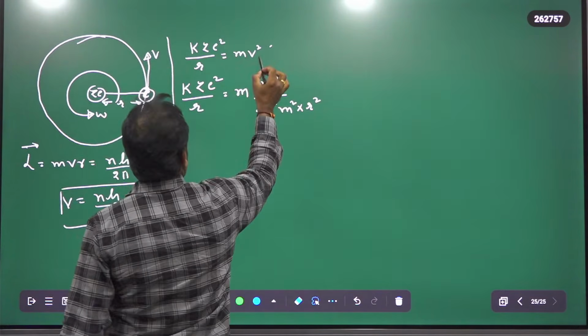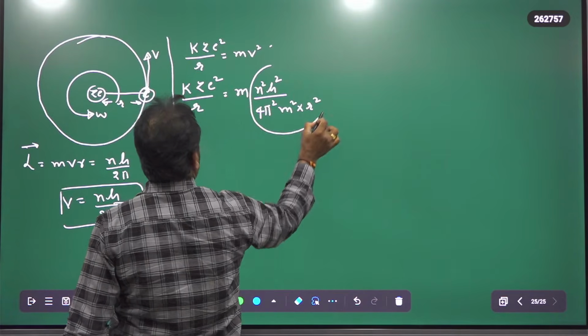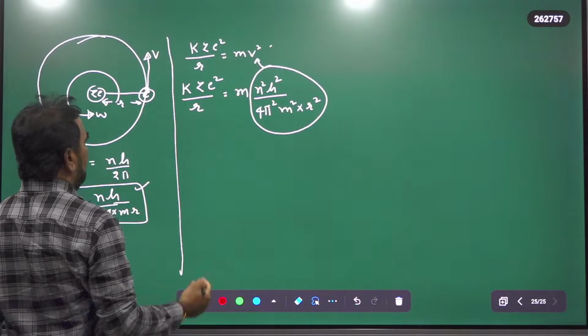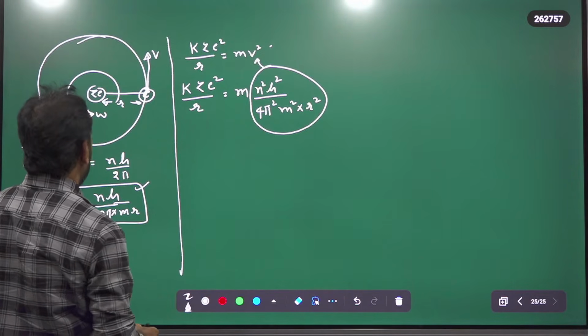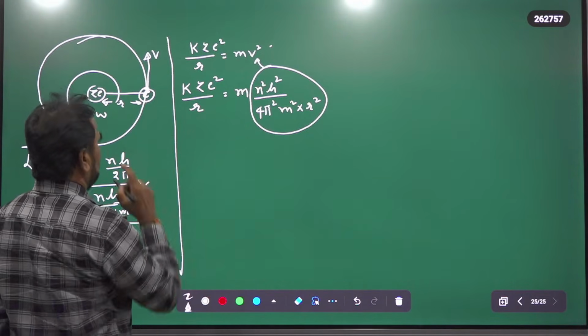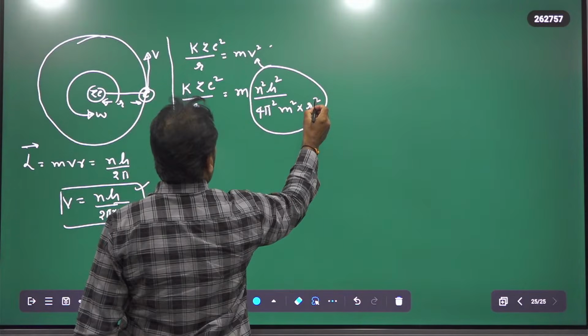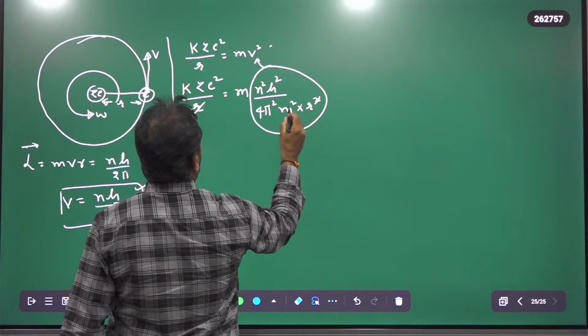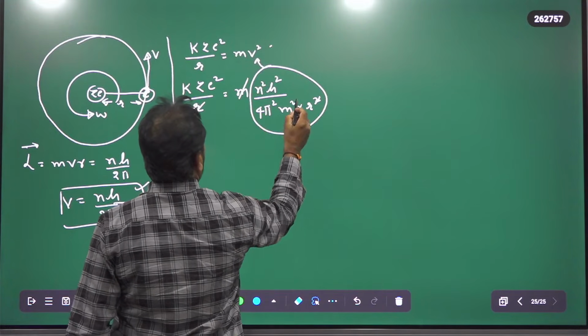Instead of v, we have substituted this v value here. You can cancel out r on both sides, like this. r gets cancelled out on both sides.